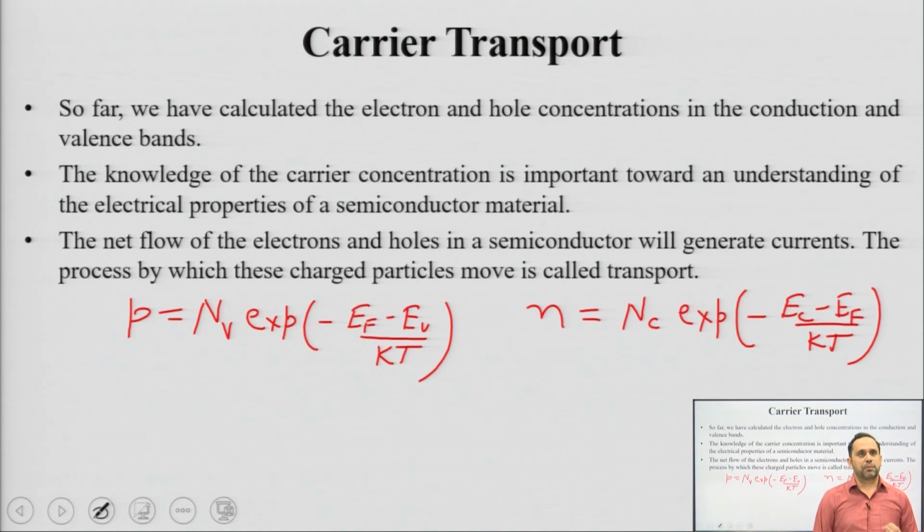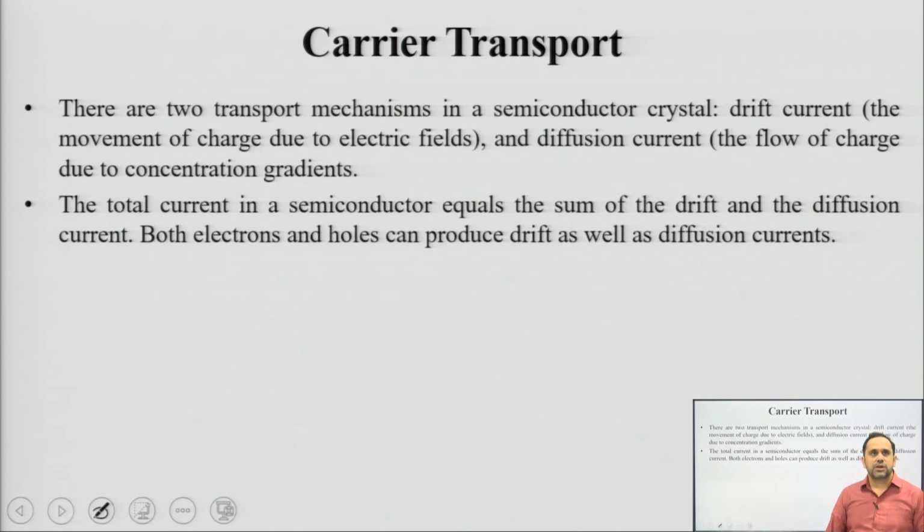The way these electrons and holes are moving is known as the phenomena of carrier transport. This is a vast topic, we are going to divide it into small parts only, so that we are able to understand it completely. Let us continue our discussion.